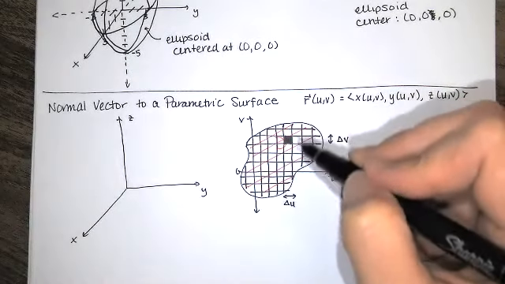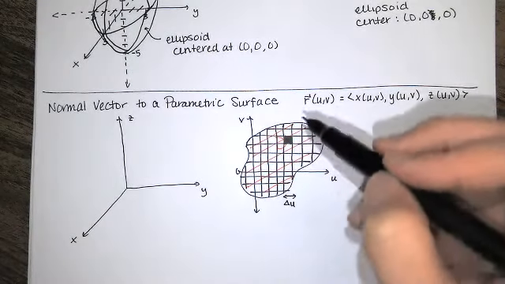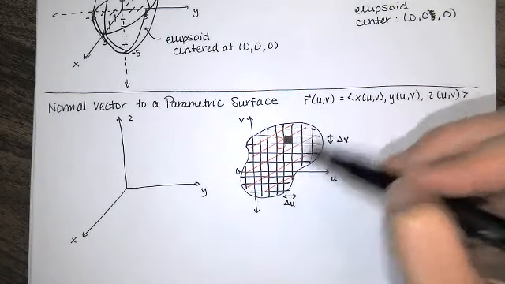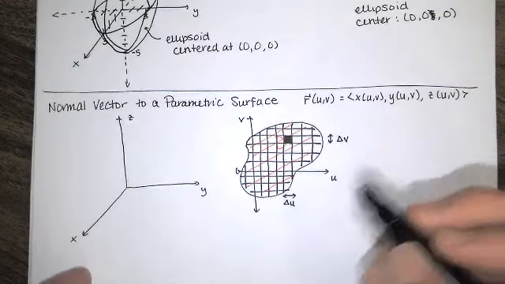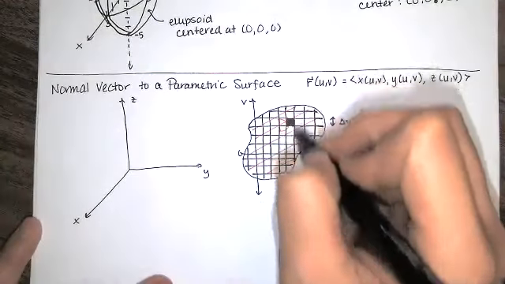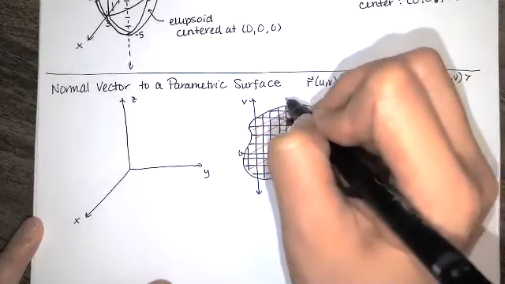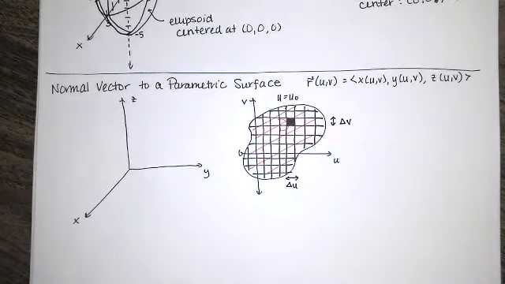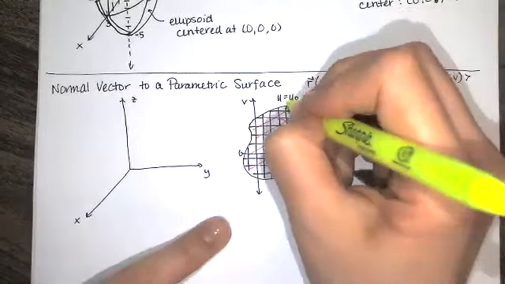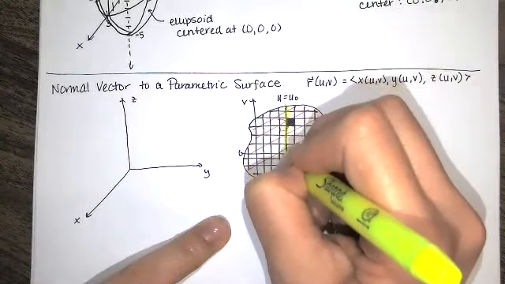On each of these lines, if that's where U is being held equal to a constant, we end up with a different curve, just like we talked about before. If I'm on a line like this, let's say we say U is equal to U naught, that's right here on this line.